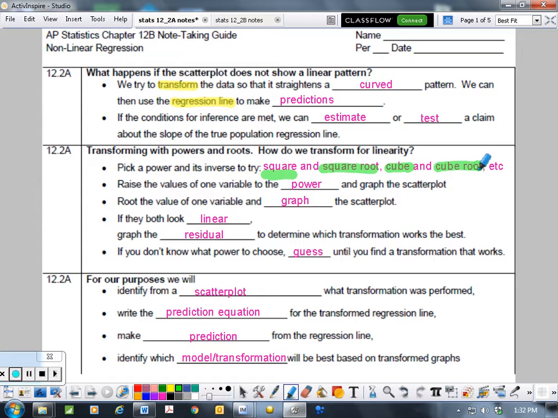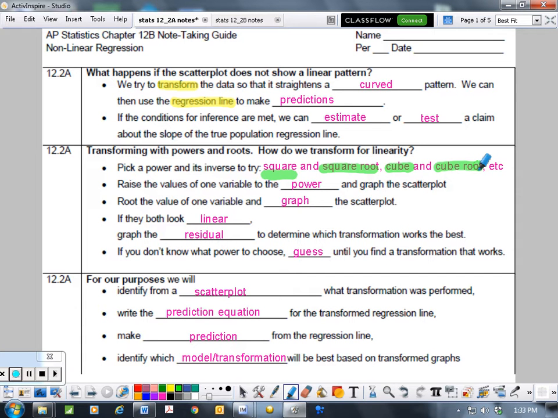So if I square the x value, then I'm going to want to graph y and x squared and see if it straightens out. And if it doesn't, then I'm going to want to flip it around. So then I'll square my y and graph y squared with x and see if that straightens out. And then we can look at residual plots also to see, is it linear?